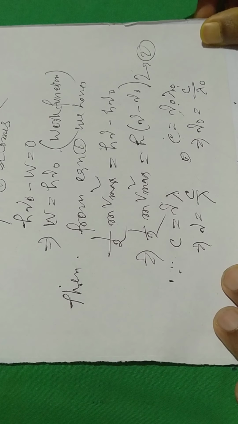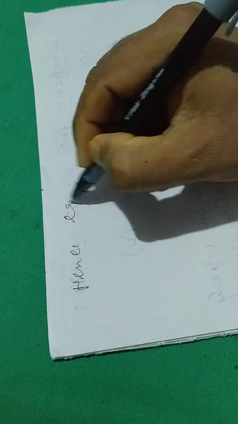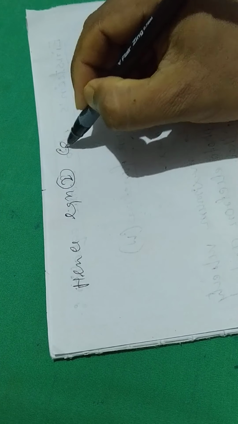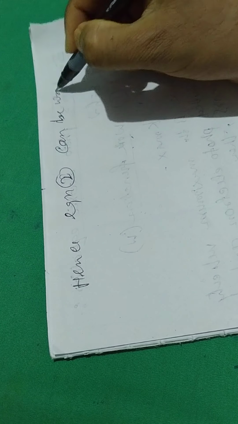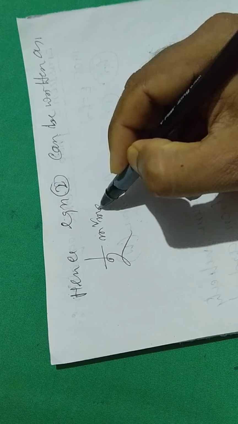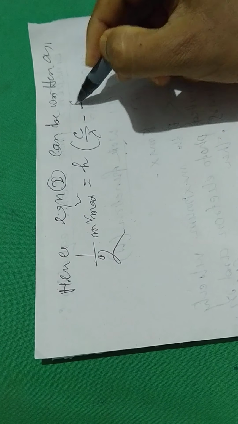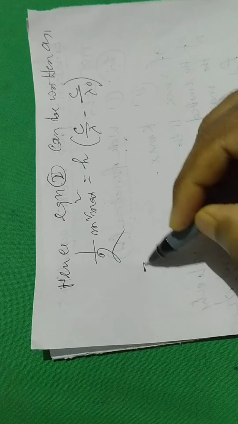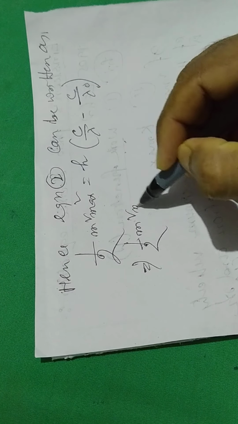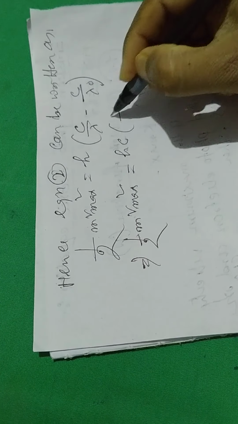Hence equation 2 can be written as half m Vmax square equal to hc, where c is common, 1 by lambda minus 1 by lambda naught.